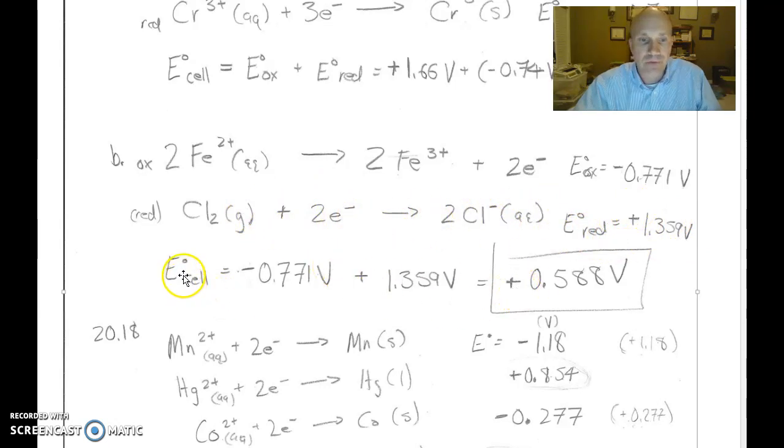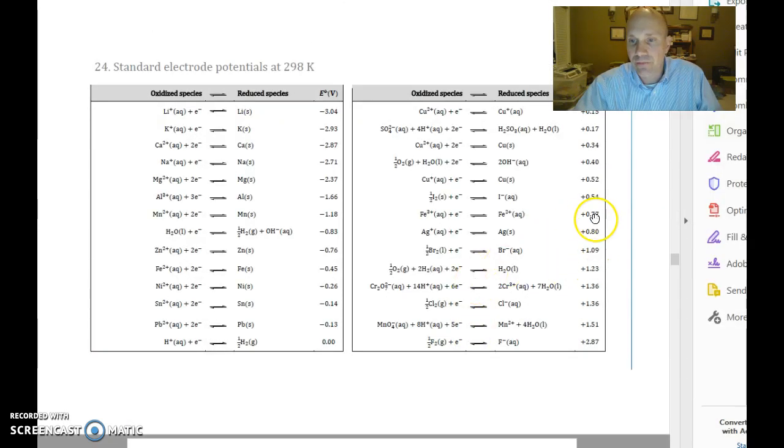The electromotive force of the cell is just the sum of those two things, and this is what you get. In this particular case, I can round out here because of these values. Note that if you had used the value from the data booklet, you would have to round it at a different place because of sig fig rules.